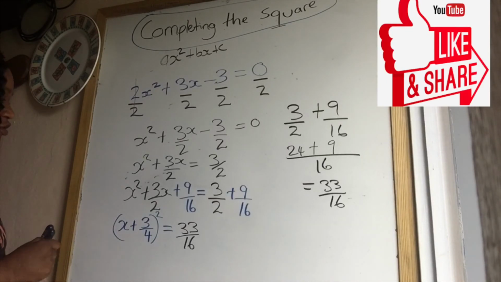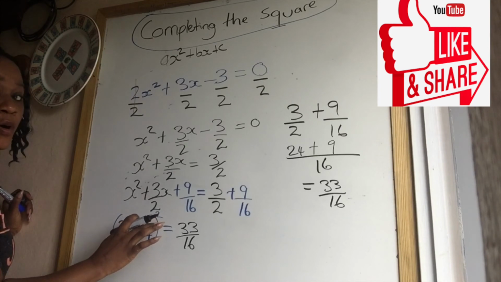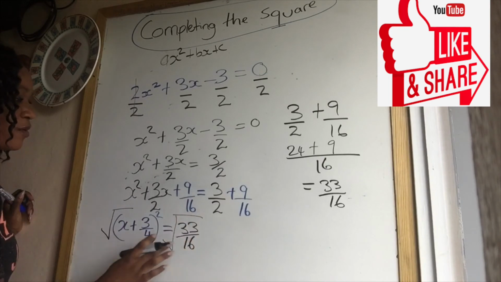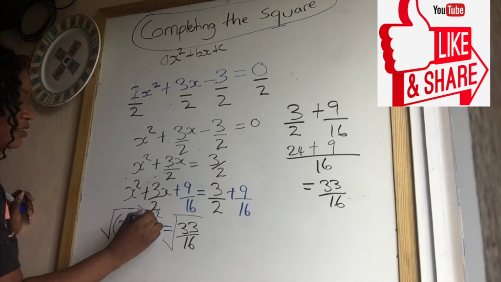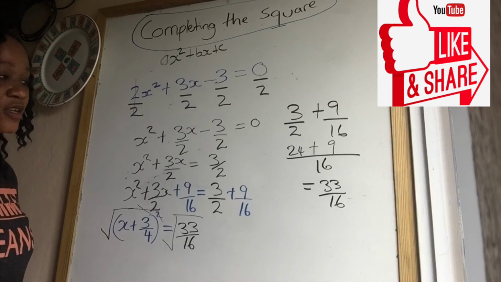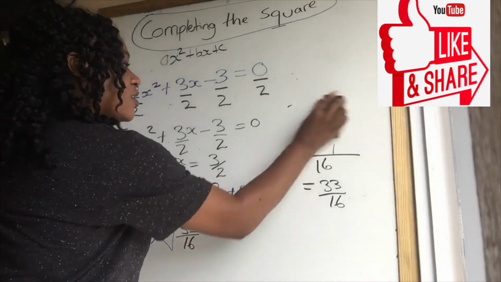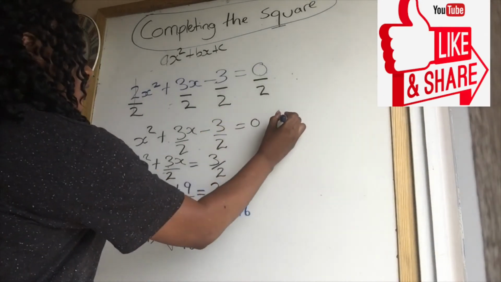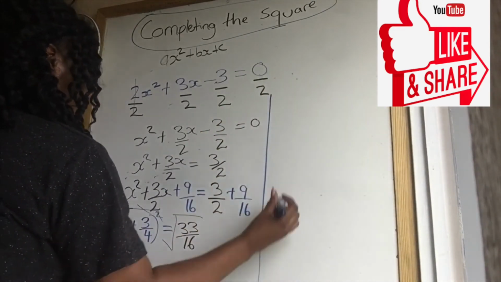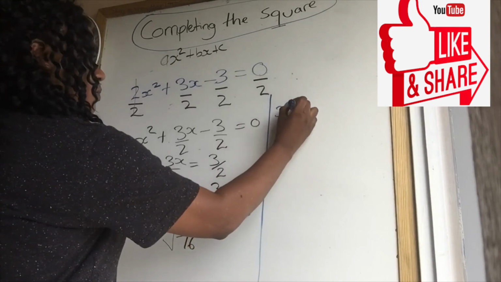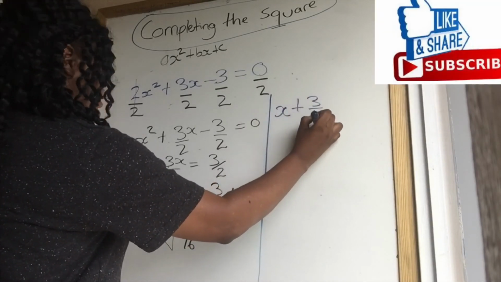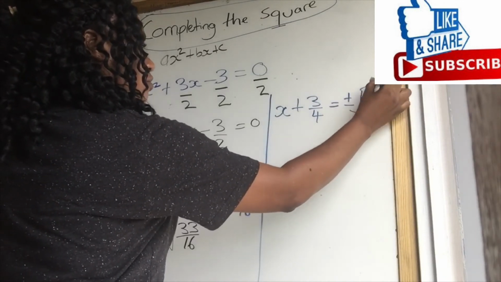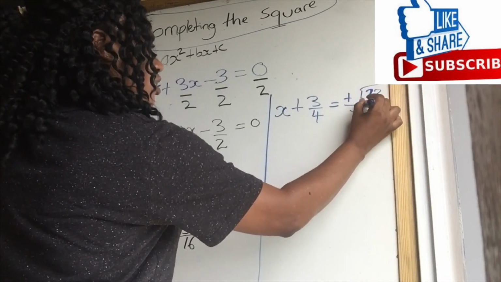Now we have to get rid of our power by using the square root. So we square root both sides. This and this is dead. Let me erase over here to get some space. So we are now left with x plus 3 over 4, and that is equal to plus or minus the square root of 33 divided by 16.